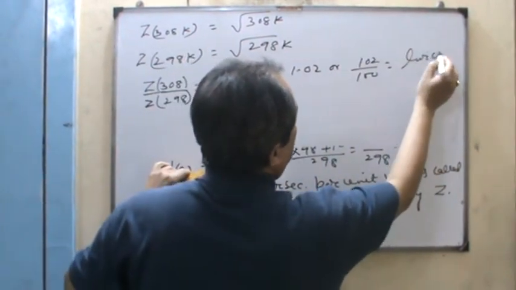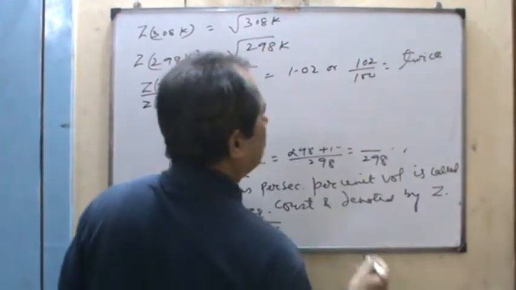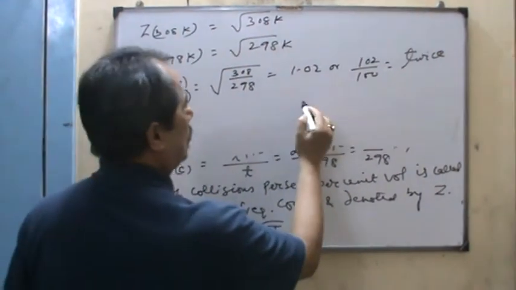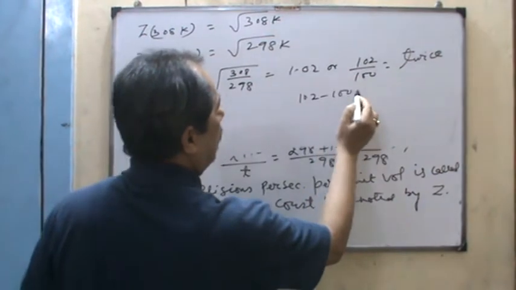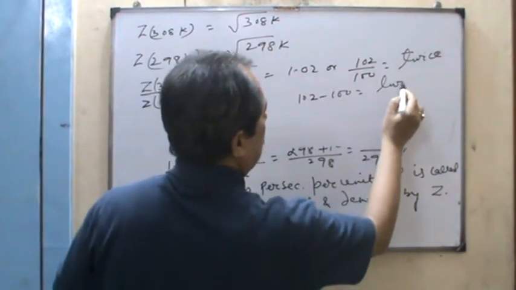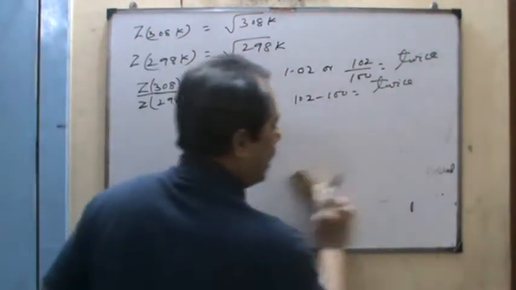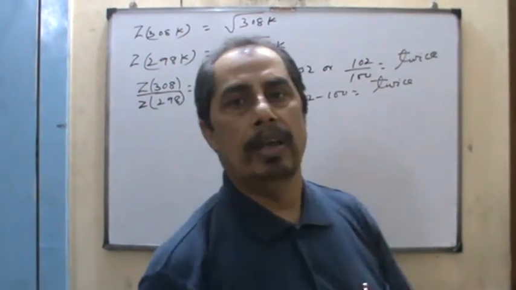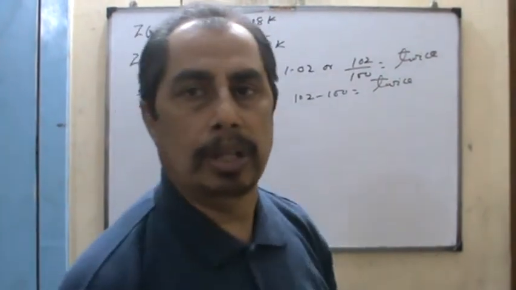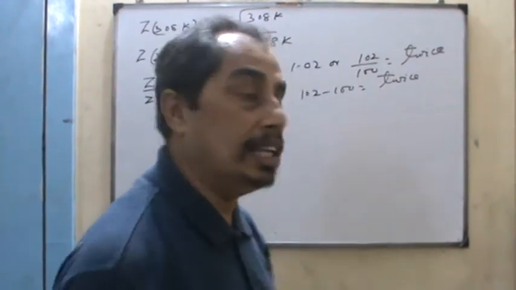At that time the rate of reaction becomes twice or thrice. With every 10 degree increase again, it becomes quadruple, octuple. That is the way the rate of reaction increases.